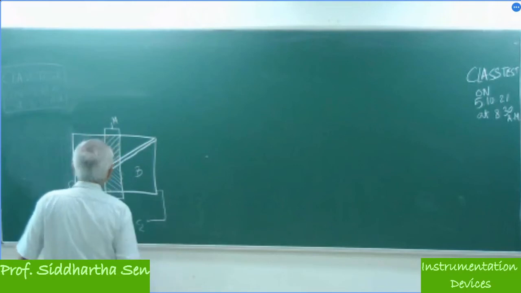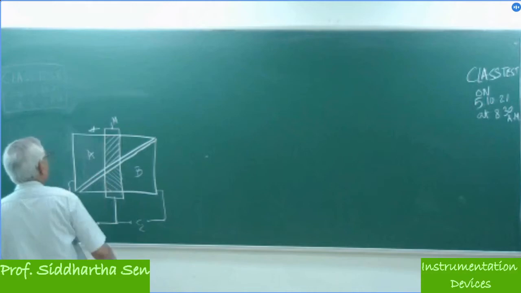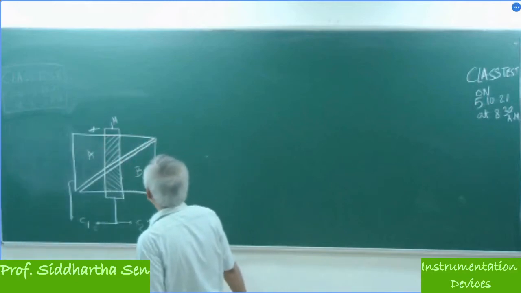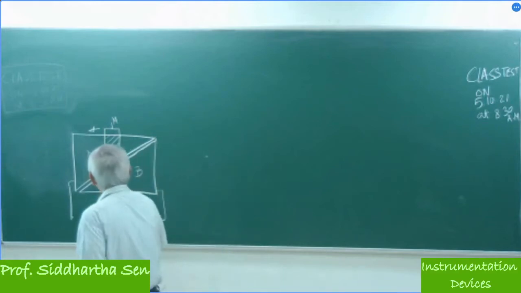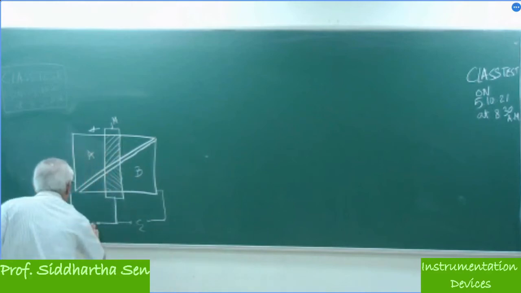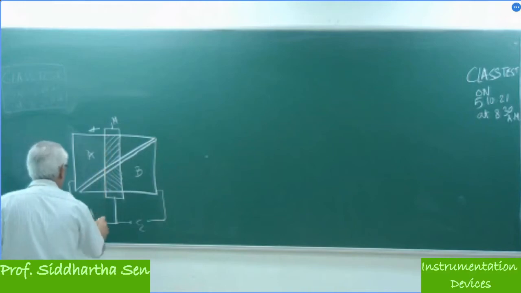And interestingly, if I move it towards this end, the area of overlap between M and A decreases, so C1 will go down. On the other side, the area of overlap will increase, so C2 will go up.